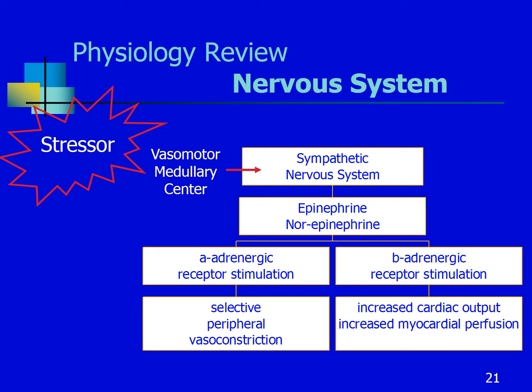So remember, the patient's cardiac output is low, in this case 1,000 cc's of blood loss, right? So the increased cardiac output increases the myocardial perfusion, because we need to have adequate perfusion. Whereas the alpha adrenergic receptor stimulation stimulates the peripheral vessels to cause vasoconstriction. Vasoconstriction increases the blood pressure. All right? Next slide.